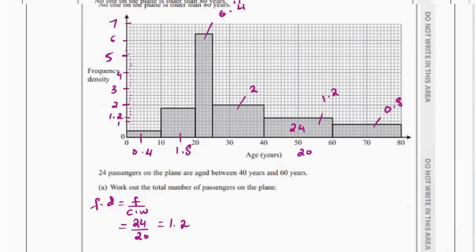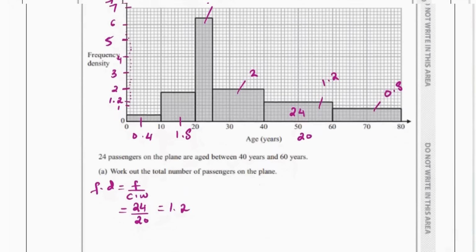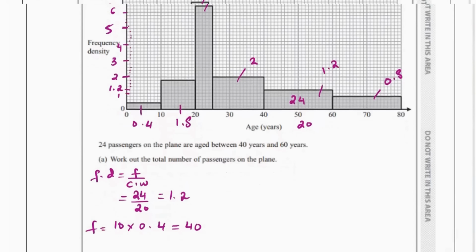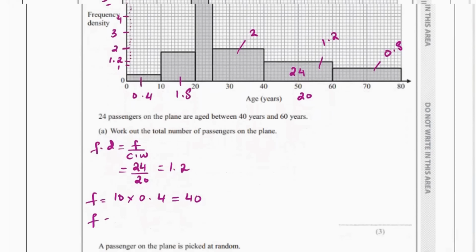So now we use these frequency densities to figure out the frequency values. For the first one, it's going to be 10 times 0.4, which is 40. Then 1.8 times 10, 18.